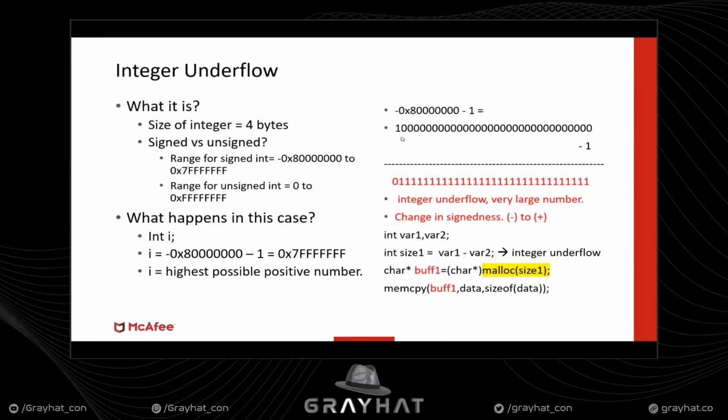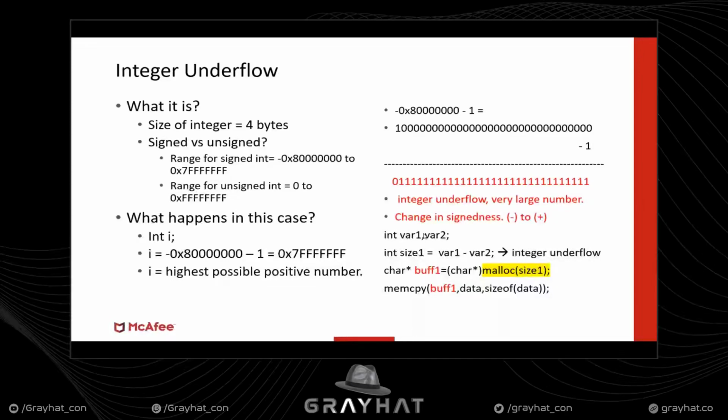As you might have noticed, there is a change in sign because 1 means negative, 0 means positive. So from the lowest possible value, it becomes the highest possible value over here. And this can lead to various issues in the program like infinite loops or malloc failures, etc.